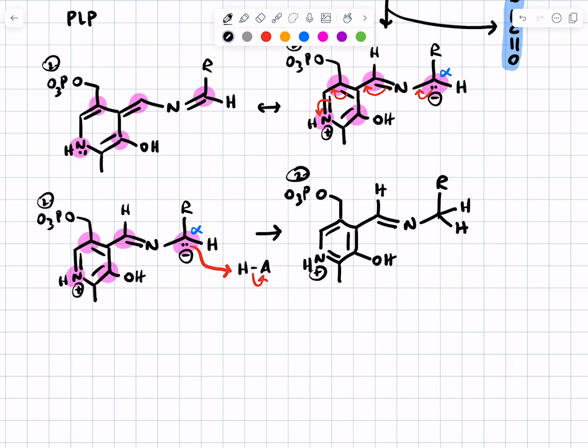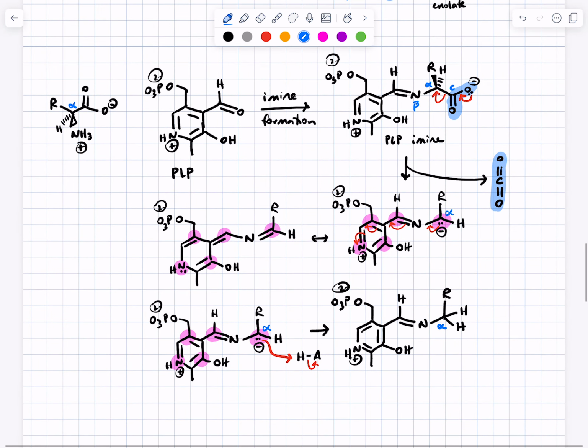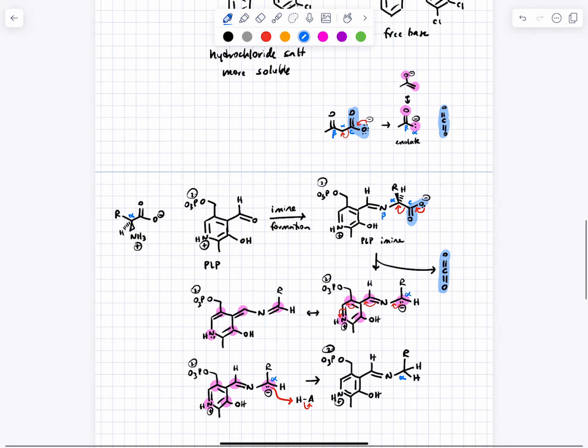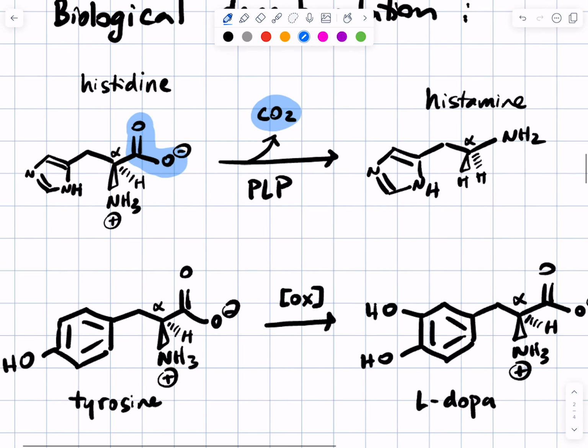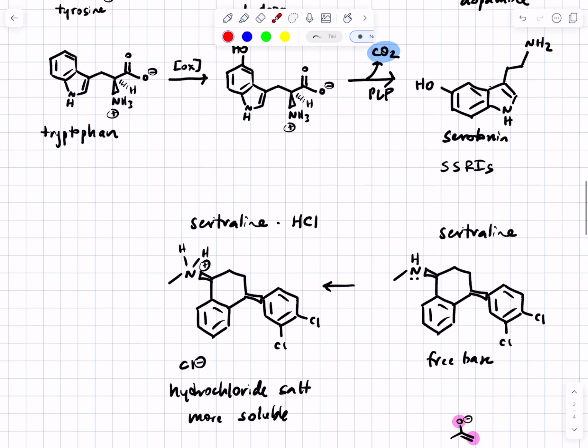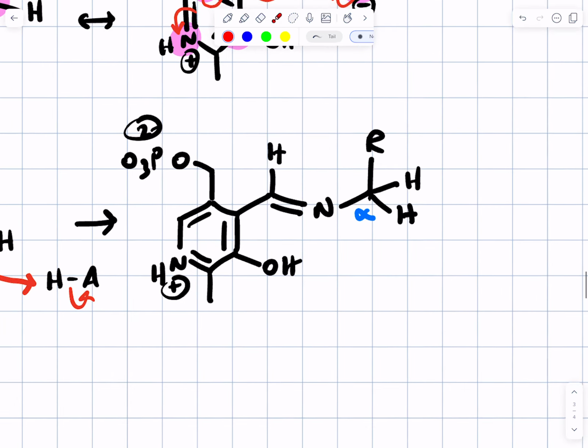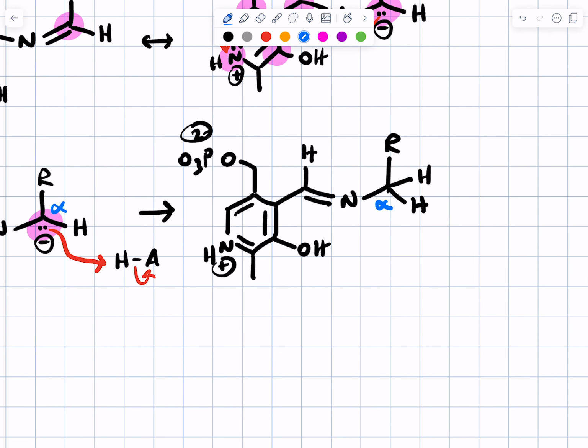Now, if you compare where we were to where we are now and where we need to get, I'm scrolling upward briefly to show you some of these neurotransmitters like histamine, where the CO2 is gone and in its place you have a proton. We are almost there in our mechanism. All that's left is now to hydrolyze the imine.